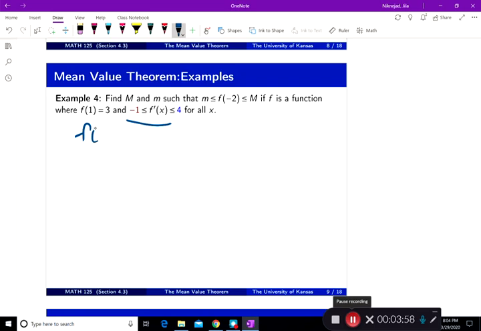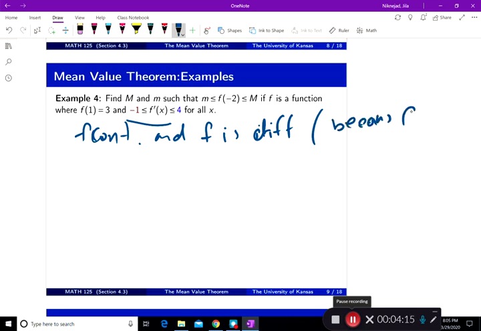So f is continuous and differentiable because f prime exists. And now I can use mean value theorem.